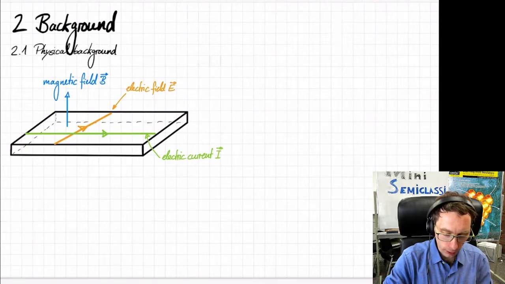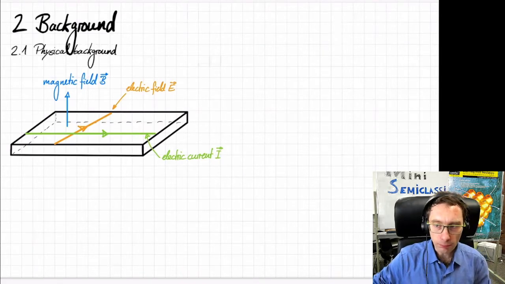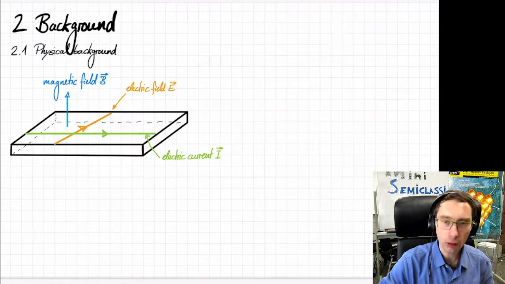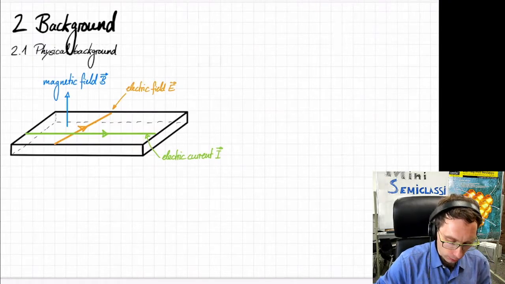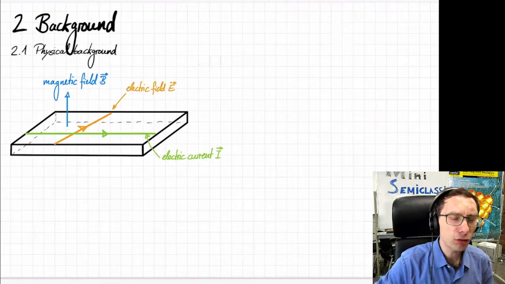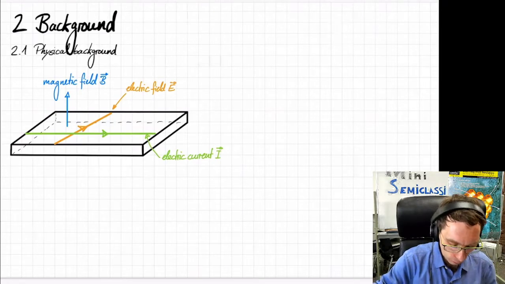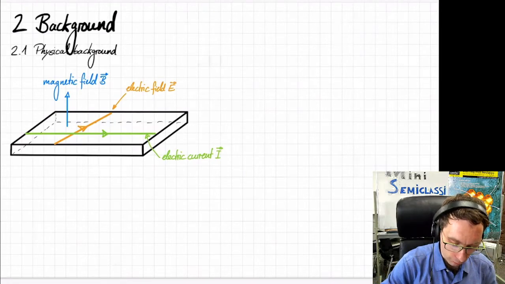So here's our familiar figure again. And if we ask ourselves the question, okay, what is a metal? Then typically the simplest phenomenological description is in terms of Ohm's law.